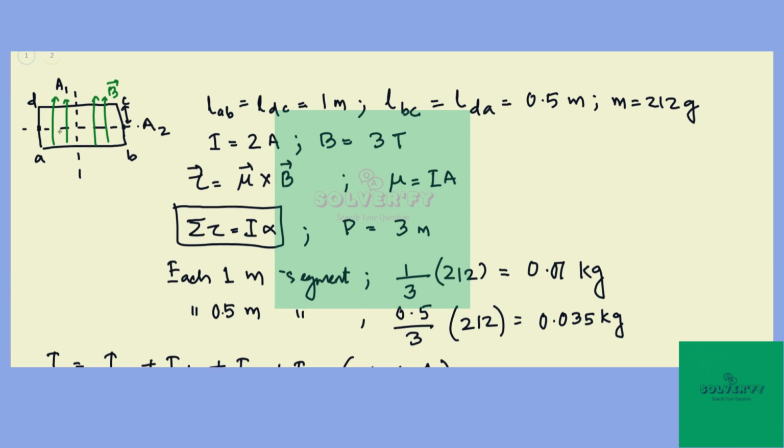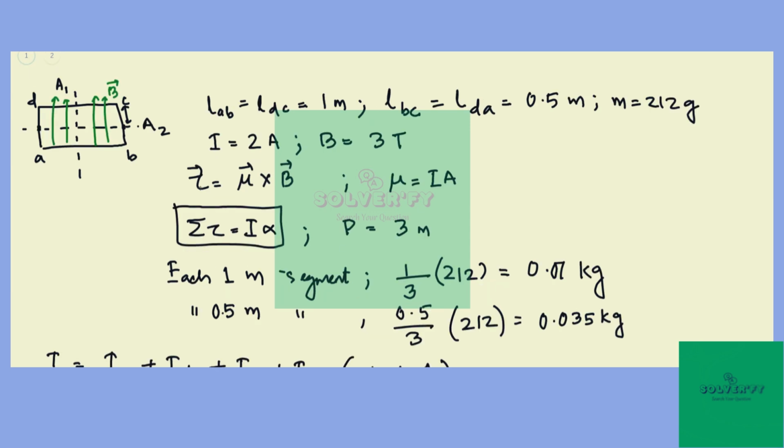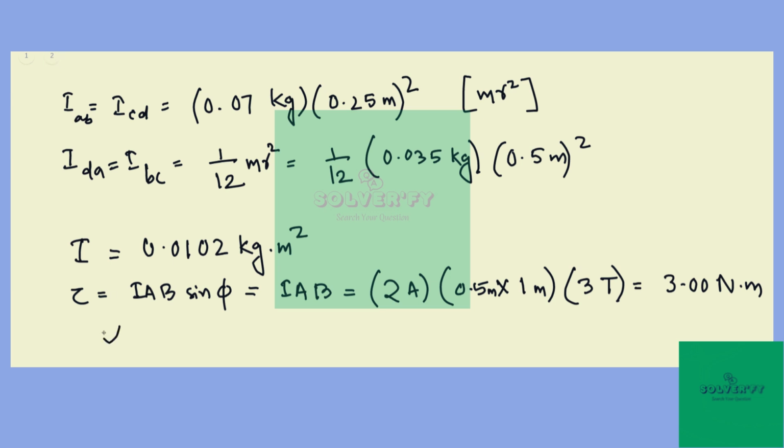So we use this equation: alpha will be equal to the torque that we calculated over the moment of inertia that we found here, and we get that value to be 290 radian per second squared.